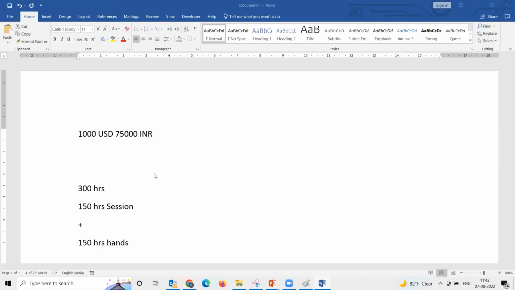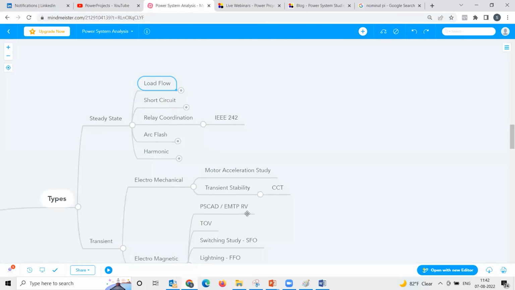In this course we are using PSCAD. PSSE is not capable of performing electromagnetic transients. PSSE is an RMS simulation tool, not an EMT simulation tool. Only PSCAD and EMT-PRV are the 2 EMT tools, and to an extent DIgSILENT PowerFactory has the capability.